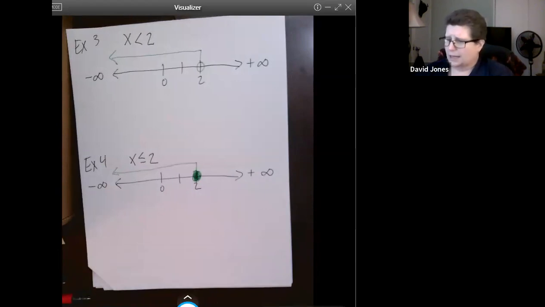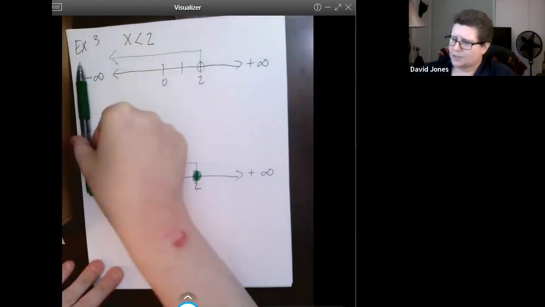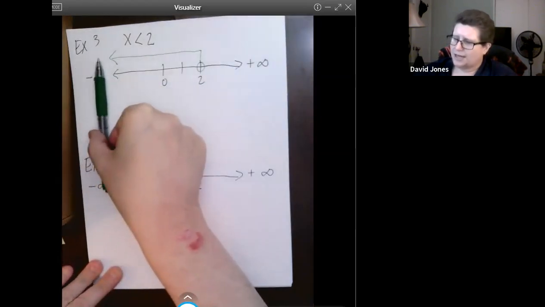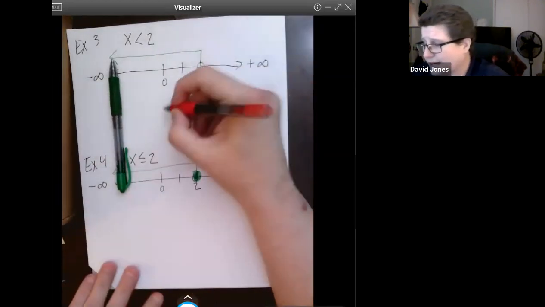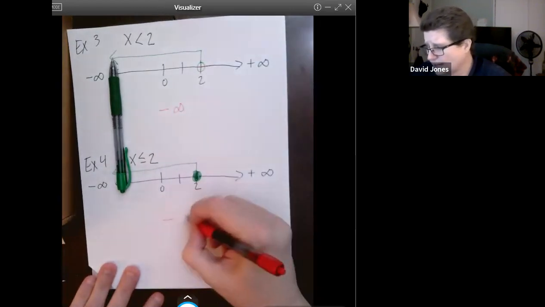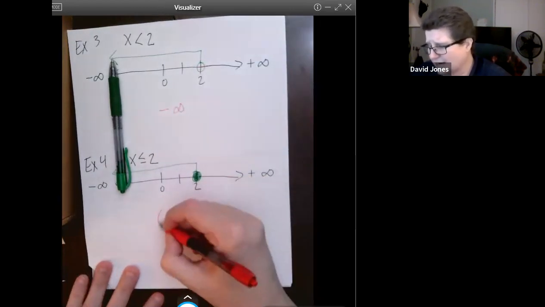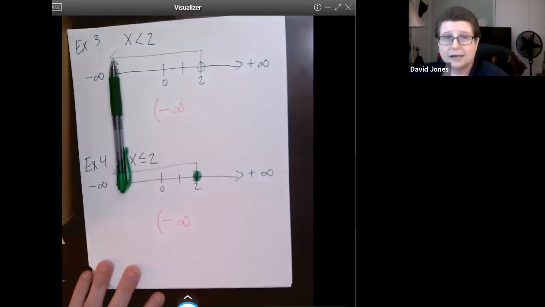When I'm doing my inequality or my interval notation, I start at the left and I go until I hit the graph or shaded area. The shaded area actually starts at negative infinity. So in both cases, we have negative infinity. Negative infinity always has parentheses because we're not including it.